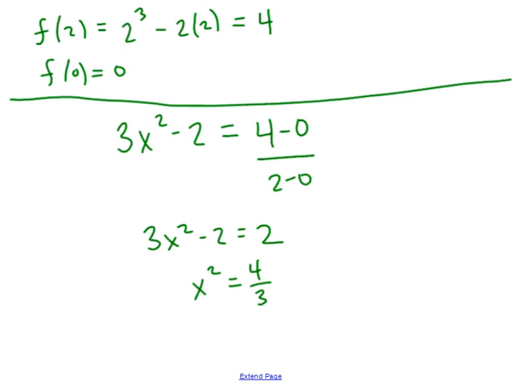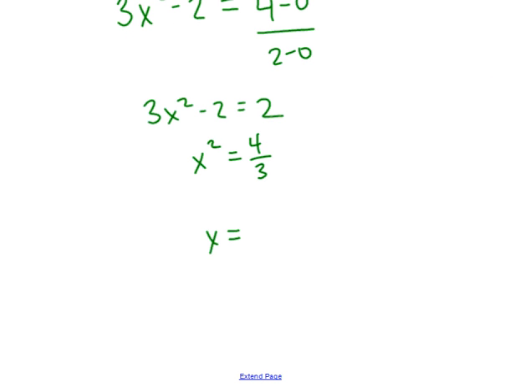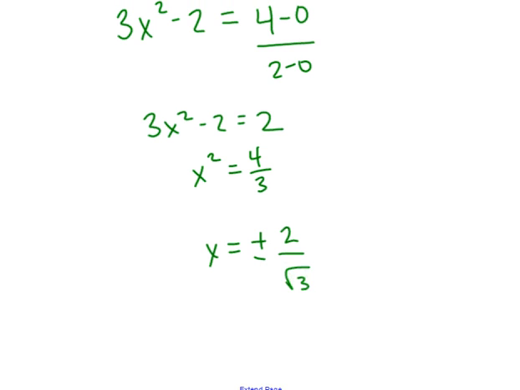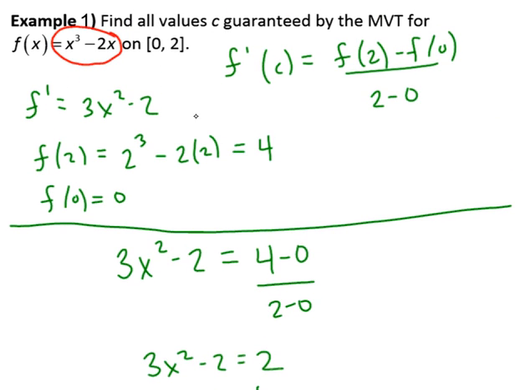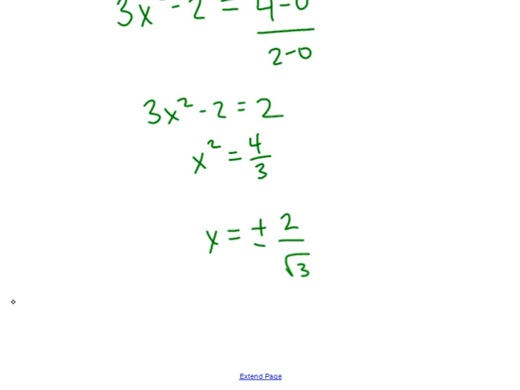Take the square root. Remember, when you take the square root, your answer is both plus or minus 2 over the square root of 3. Those are the two places where I would have the same slope as the secant line. However, we're only on the interval from 0 to 2, so that only includes the positive value. So we're just going to look at the positive 2 over root 3.